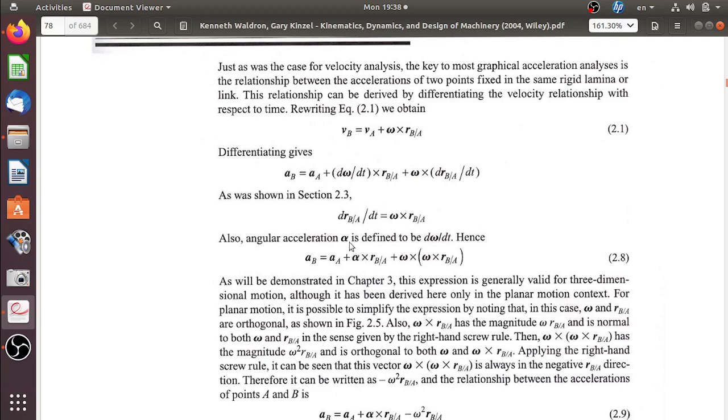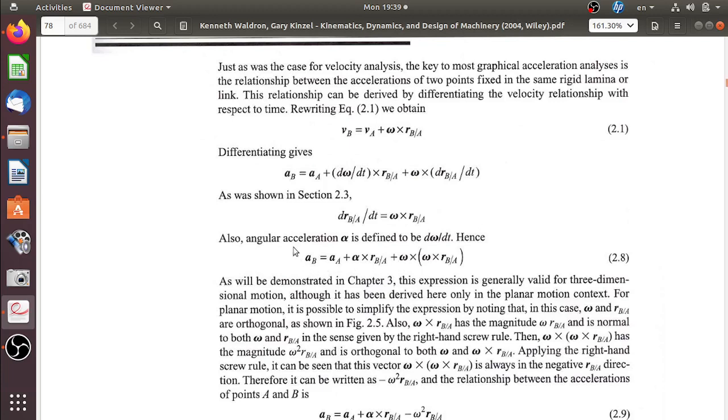Finally, if I substitute all these things, I will get this equation. This term is because of the change in angular velocity, or because of the presence of angular acceleration, and this term is known as centripetal acceleration.